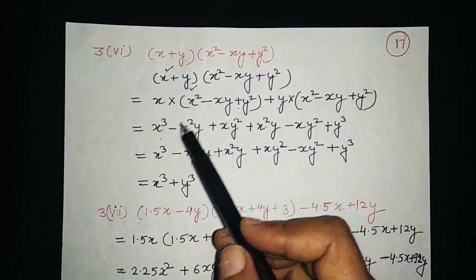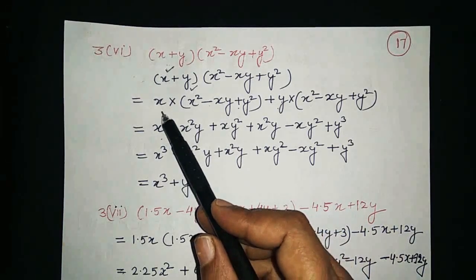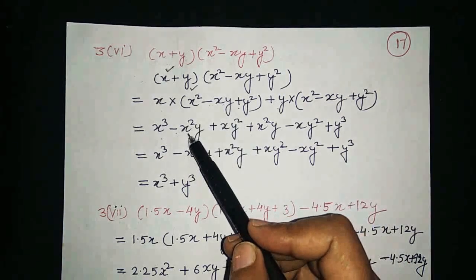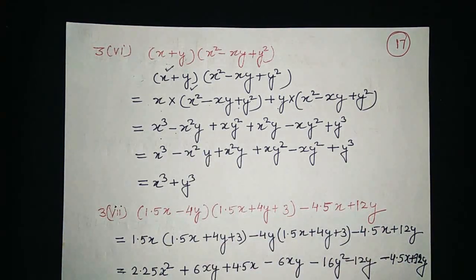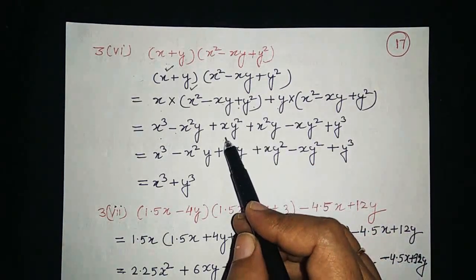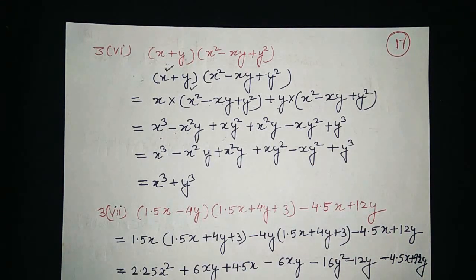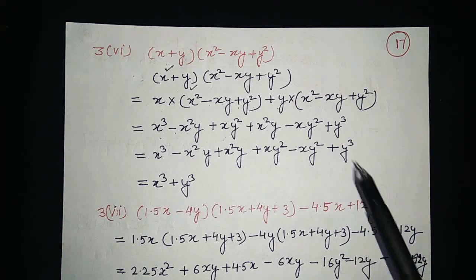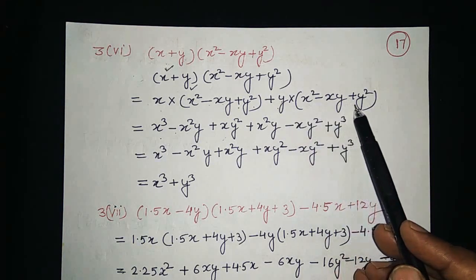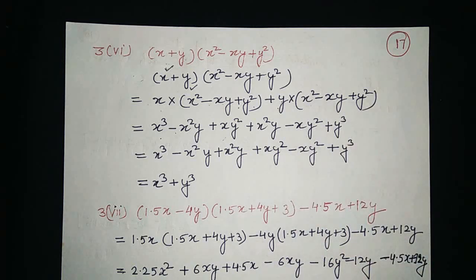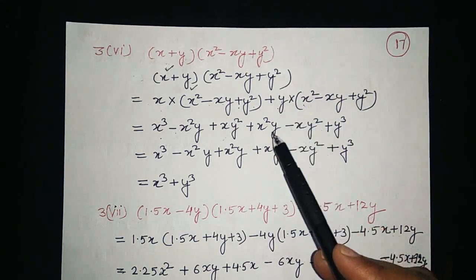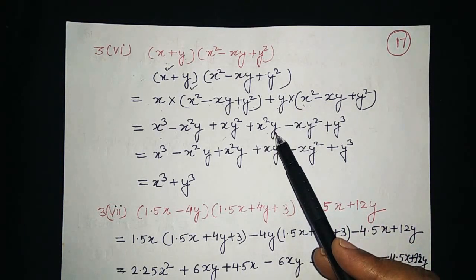Plus and minus, minus x into xy comes x²y. x into y², we get xy². Now we will multiply this y with x² - xy + y². y into x², x²y will come.